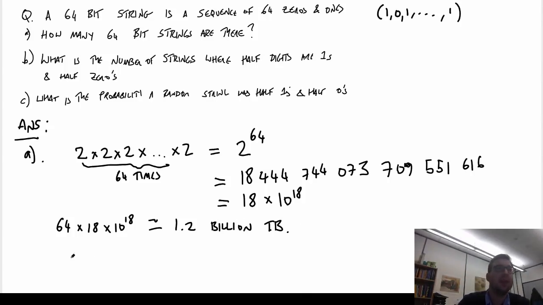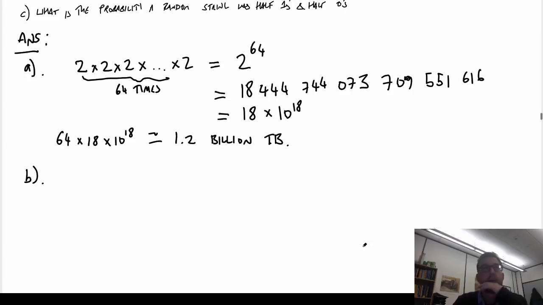Right, anyway, next thing, what is the number of strings? By string I just mean a sequence of zeros and ones, where half of the digits are ones and half of the digits are zeros. So let's have a look at that. What we have is essentially a list of 64 digits, 1, 2, 3, up to 64.